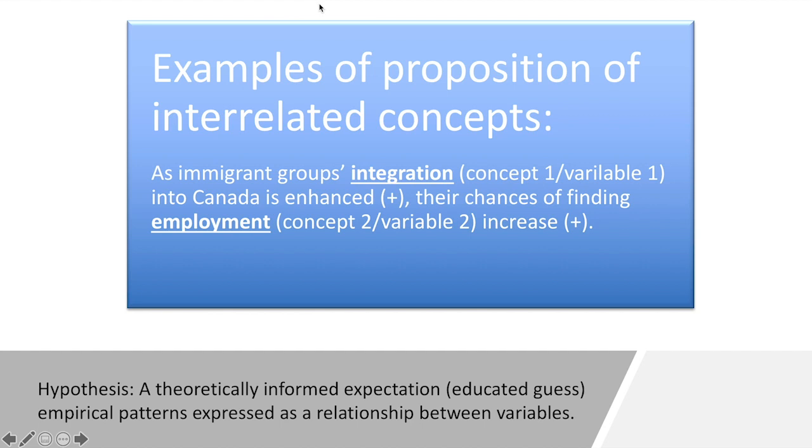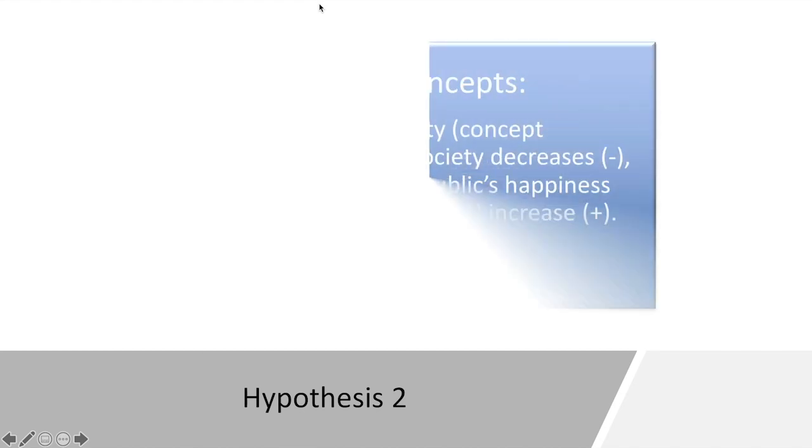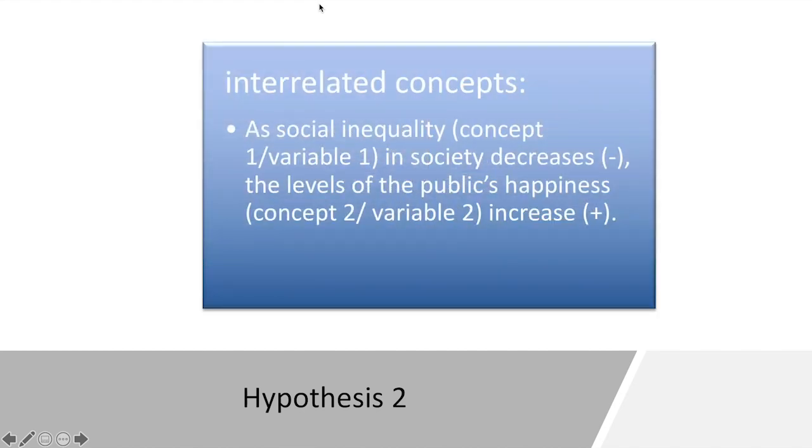And you can start to put pluses or minuses on things, right? So here's a proposition: as immigrant groups' integration into Canada is enhanced, their chances of finding employment increase. Here's another one.